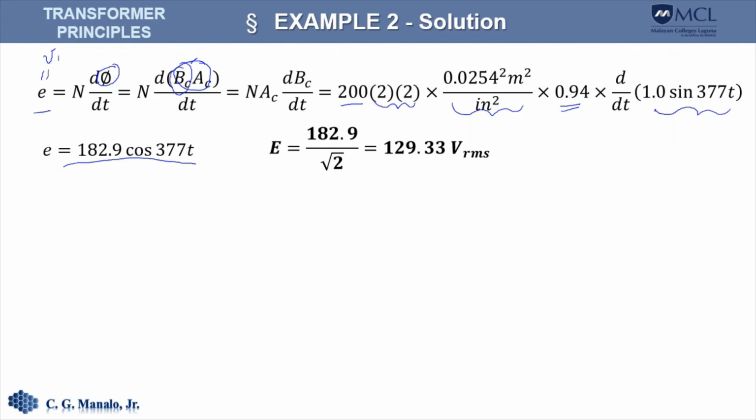So the induced voltage is actually leading the applied flux density by 90 degrees. So we can get the RMS value of this voltage, and that should give us this figure here.